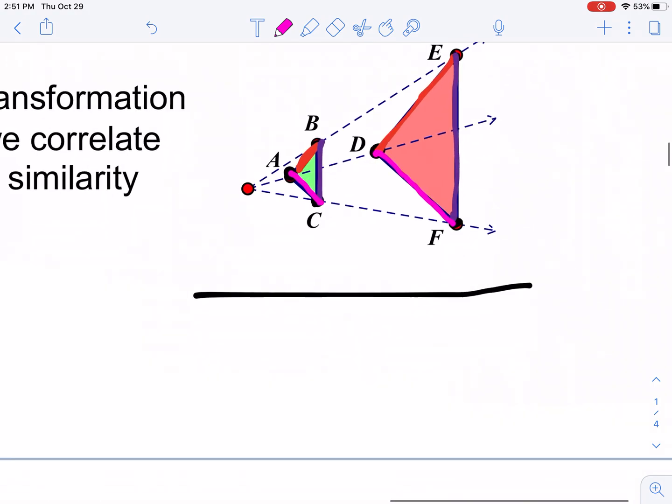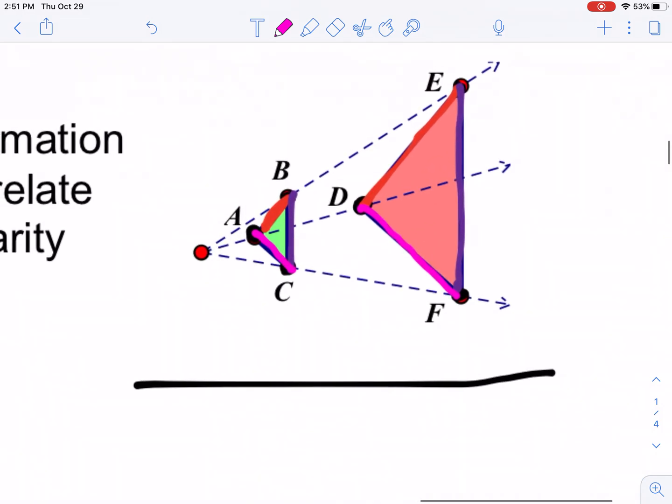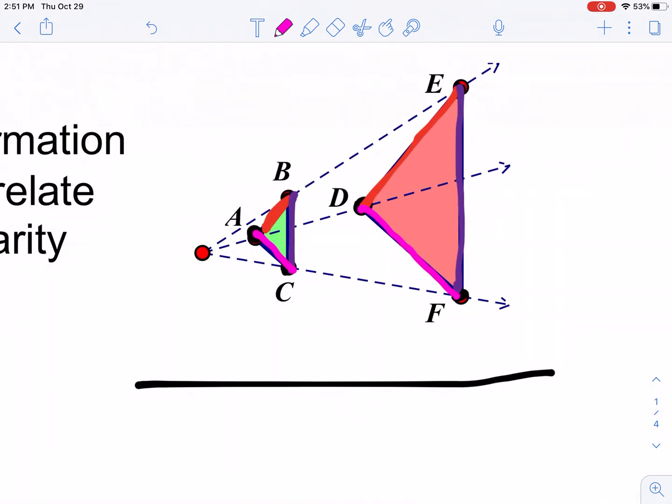If we take the larger side, DE divided by AB, the side length EF over BC, and the corresponding side DF over AC, those ratios between the sides would all equal one another. For instance, maybe this triangle is 3 times as large as the original image here. Well, that property should be maintained between each side. Those ratios should be maintained.